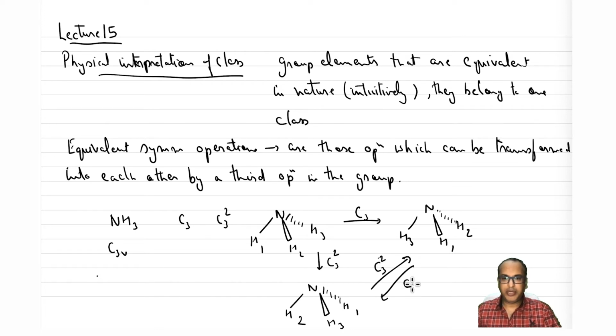And this will be by C3. So the idea is basically that two symmetry operations are equivalent if the results of the two operations can be interconverted into each other, by a third element, that is, by one of the elements of the group.